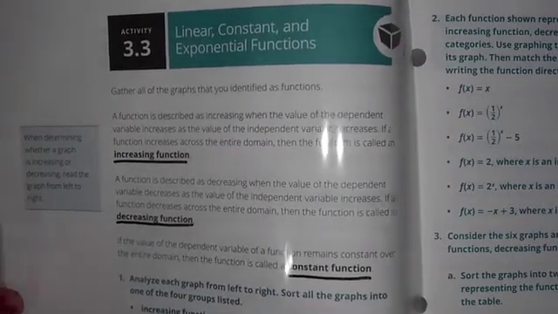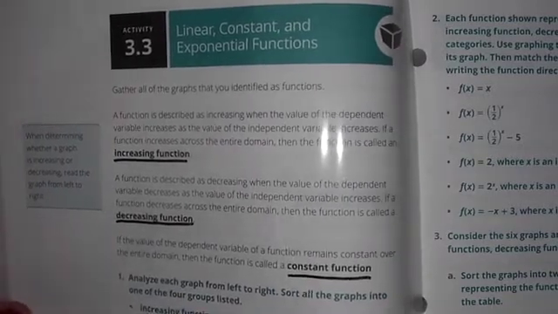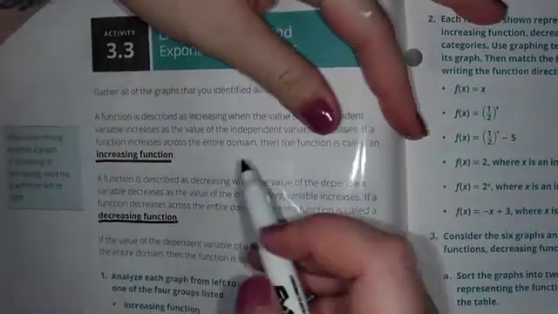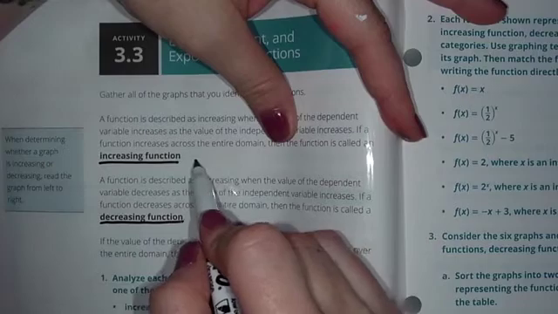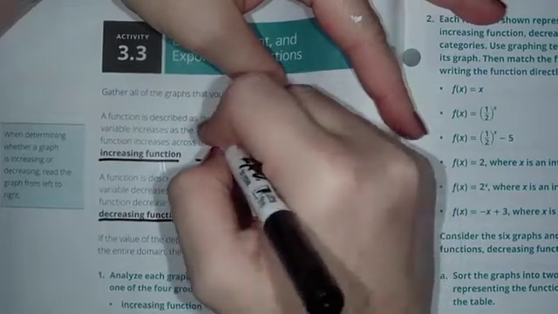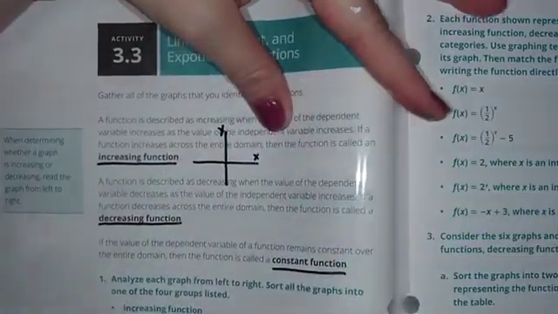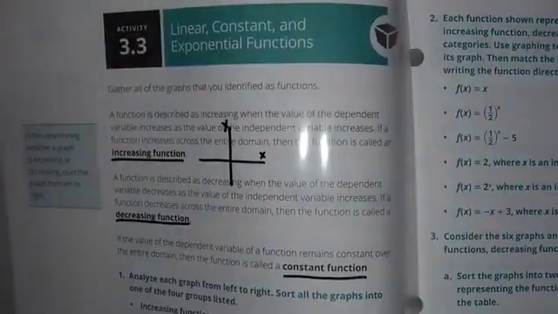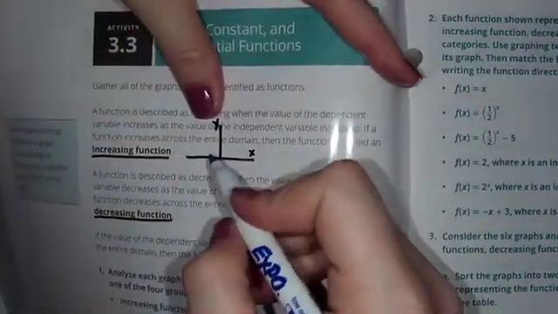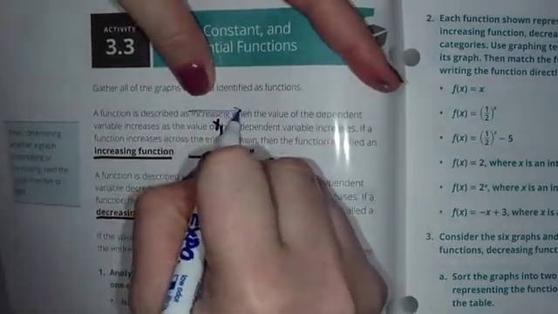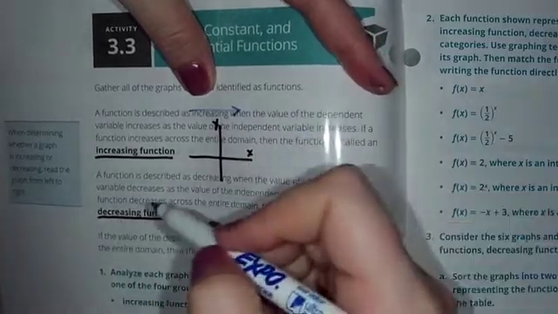So we have been talking about increasing functions and decreasing functions in the fact that we have been talking about slope. An increasing function is, as you move from left to right, the function goes up.